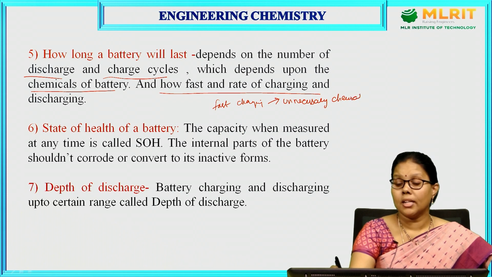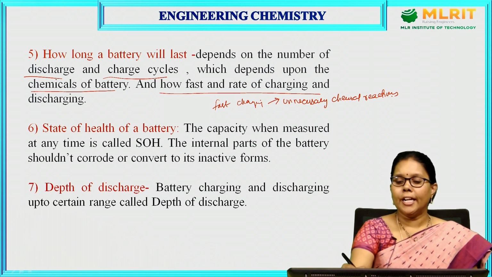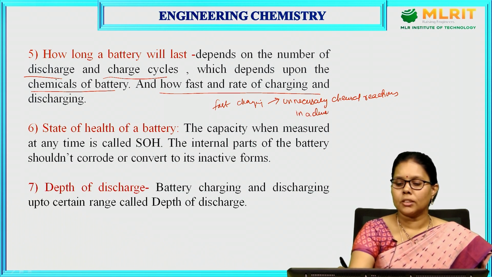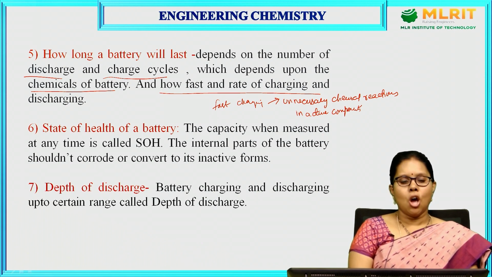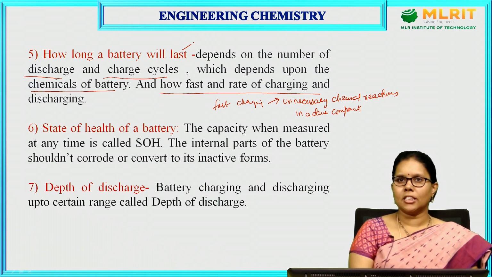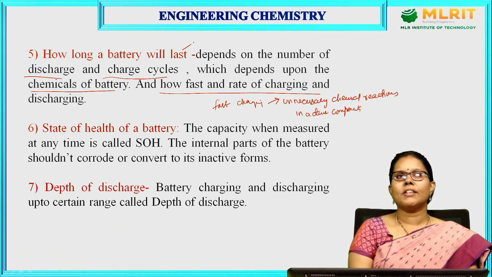These unnecessary chemical reactions change the components into inactive components, therefore the life of the battery is reduced. So how long a battery will last depends upon the number of discharge and charging cycles, which also depends upon the chemical components and the rate of charging and discharging. So we have to prefer a battery which has slow charging and discharging rates.